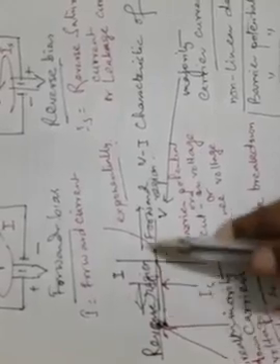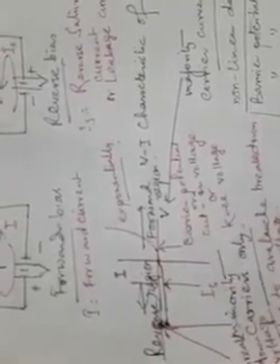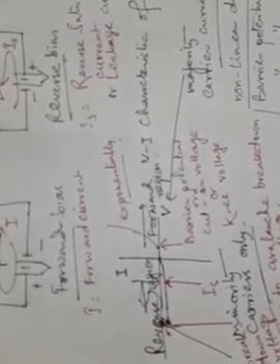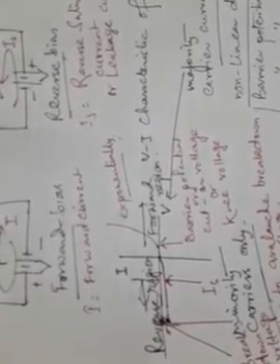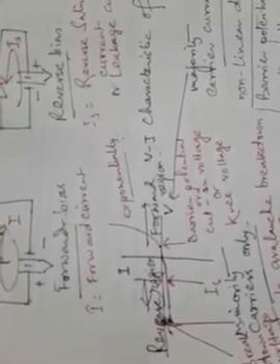Now since we are seeing that this VI characteristic is nothing but exponential, let us write the voltage current equation for a diode.